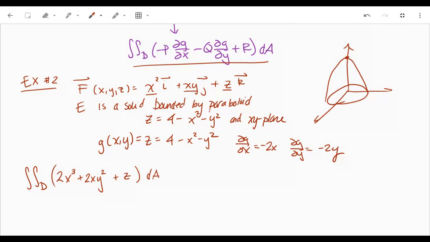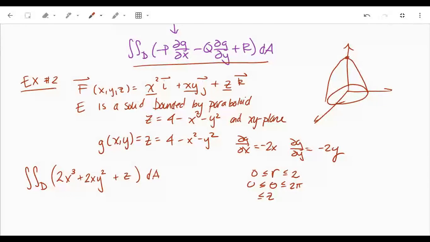Okay, and we definitely need to change some things out. The first thing being that we want this in polar probably, right? Or cylindrical coordinates. So we can describe that paraboloid where r would go from 0 to 2. Theta would be between 0 and 2 pi. And then z is dependent on r, right?